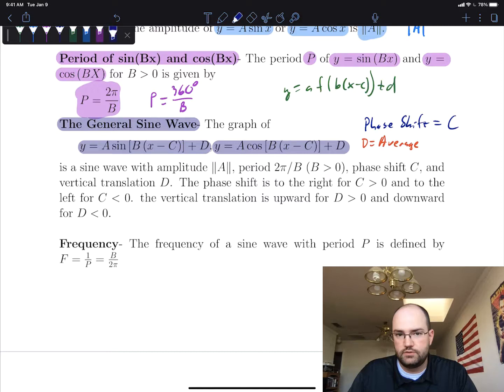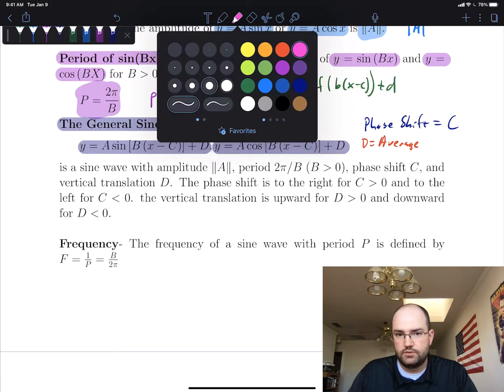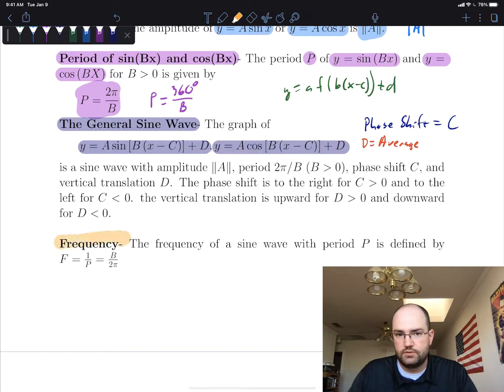Okay, now one more thing. Frequency. So the frequency of a sine wave with period p is defined as f equals 1 over p, which is b over 2 pi.